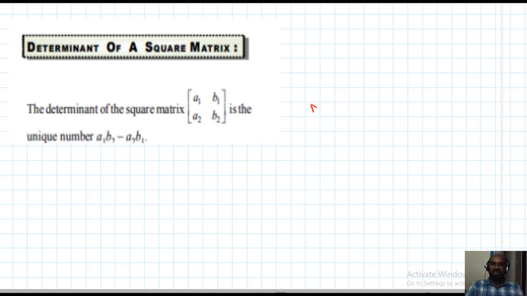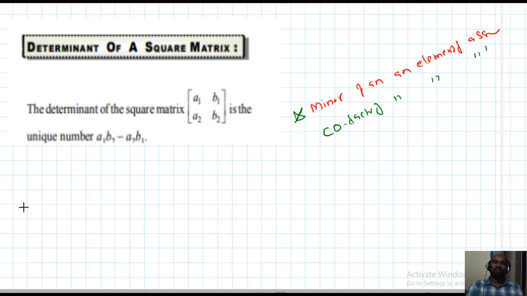One is called the minor of an element of a square matrix. This is one important thing. Next, the cofactor of an element of a square matrix.